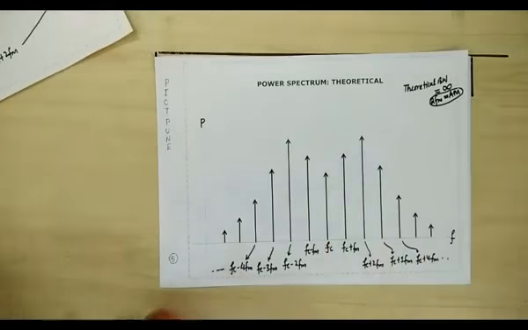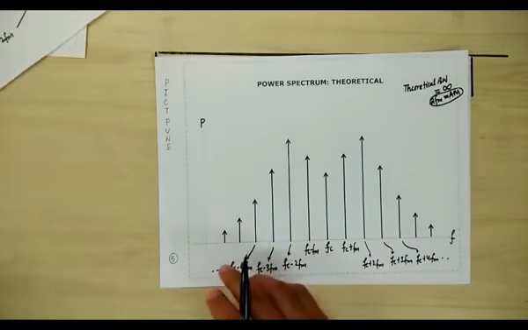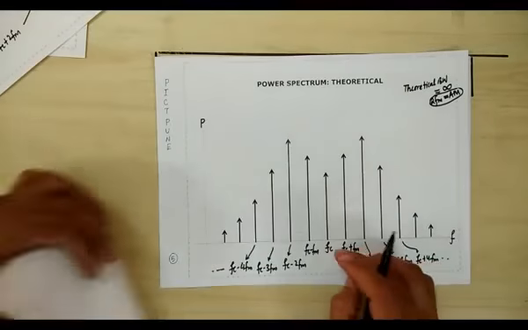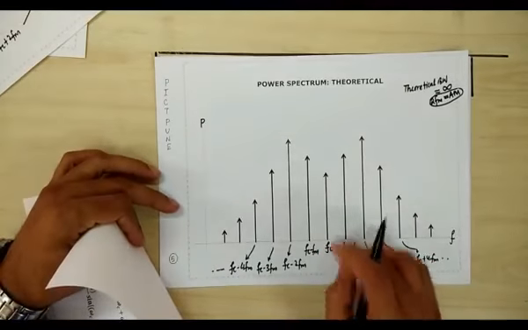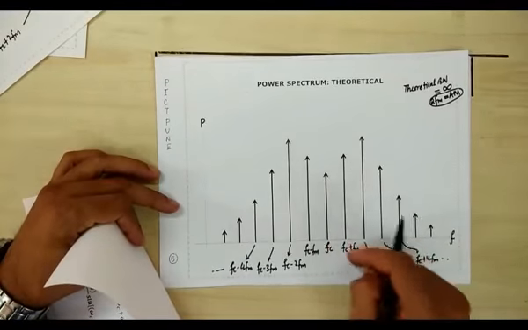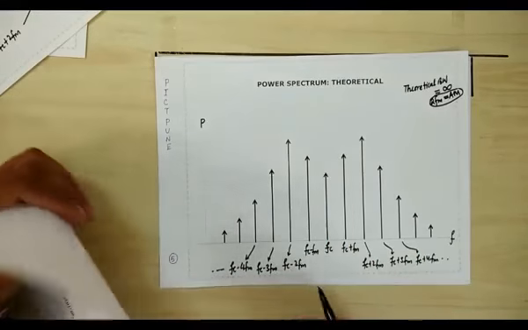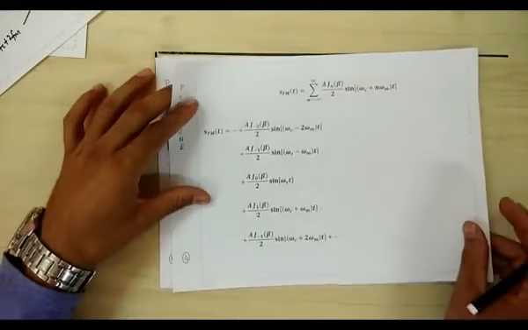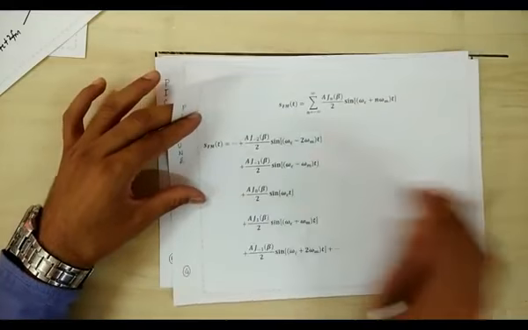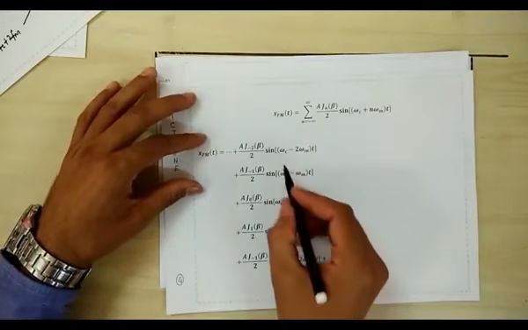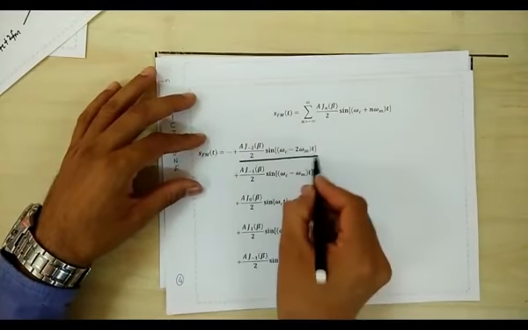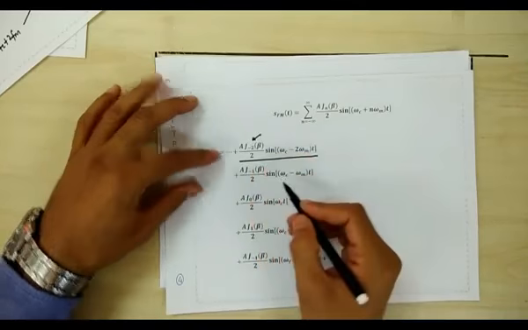So if you see the amplitude of power of the component at Fc plus Fm, Fc minus Fm, this is very easy to calculate again, as we have already done in AM. If you want to calculate the power in this term, this is my amplitude.